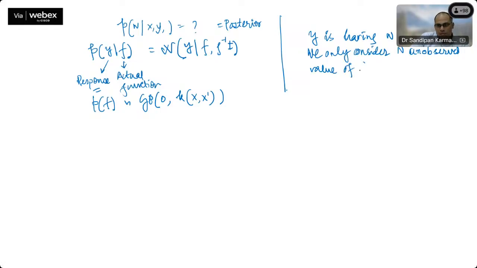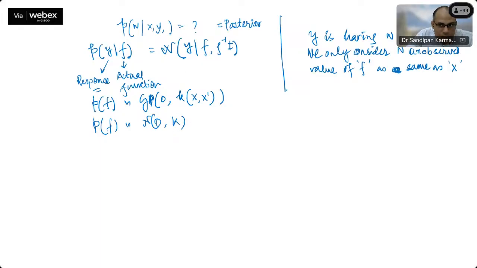That is, f is the function that is following a GP, a Gaussian process, on x. Now let us go into the mathematics of this. So p of f, as it is following a Gaussian process, p of f will be following a normal distribution with mean 0 and the covariance matrix k.